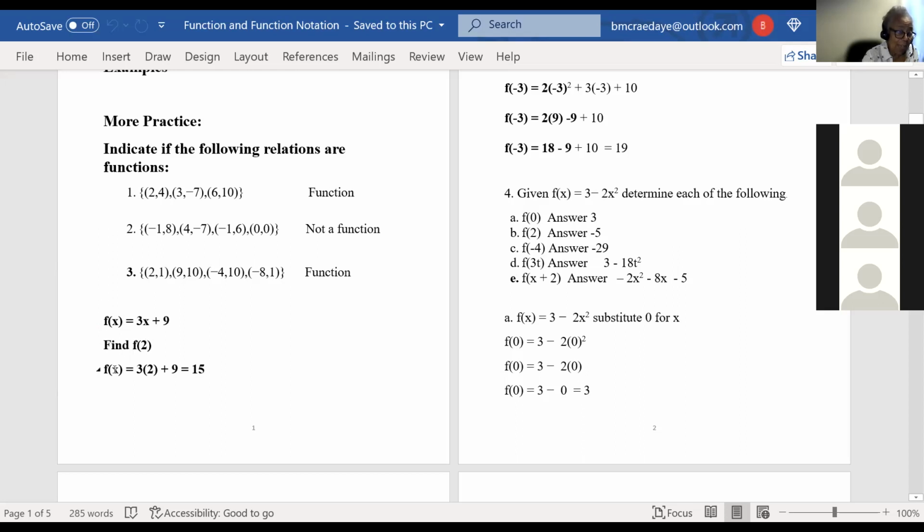To make it really simple, f of 2 means for the x, we put a 2. So 3 times 2 is 6 plus 9. So f of 2 is equal to 15.